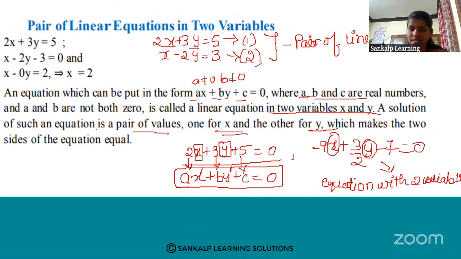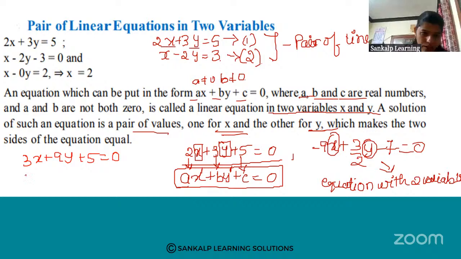Next, if I consider the linear equations in two variables, that means a pair of linear equations in two variables. Pair means what? Jodi, right? So two equations I'm considering. See, for example, 3x plus 9y plus 5 is equal to 0. This is one equation.